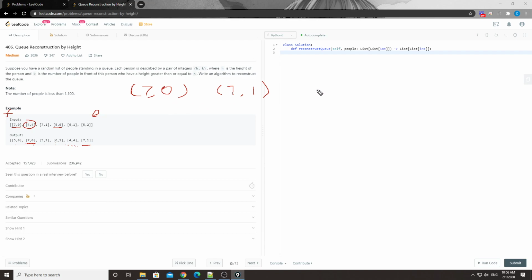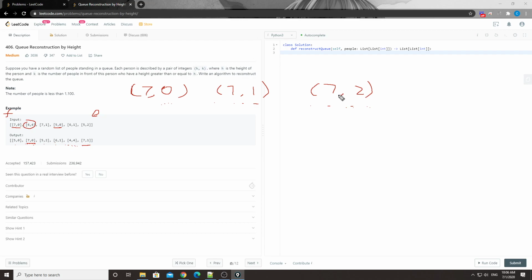Let's say there's a 7 2 here. Then the 7 0 will be our first output, then the 7 1, and then the 7 2. Because they are the same height, we just simply sort by the second element of these people.